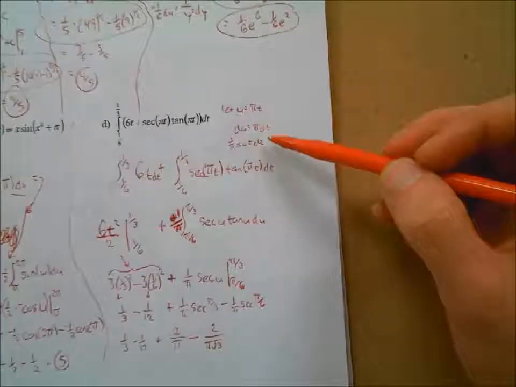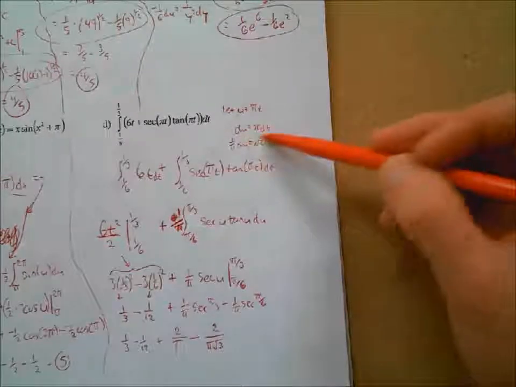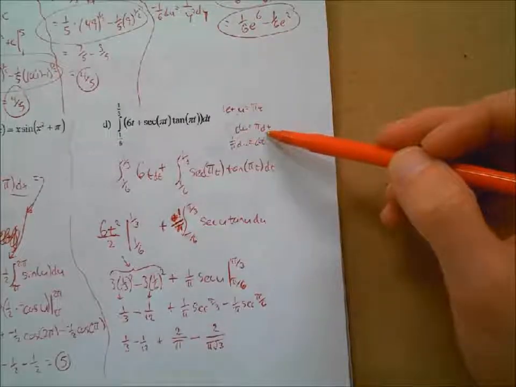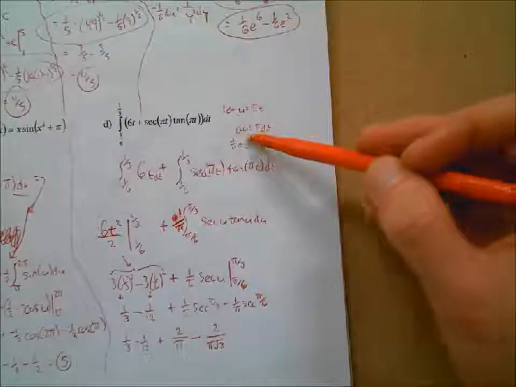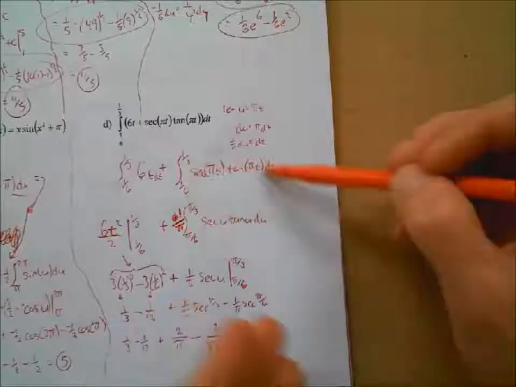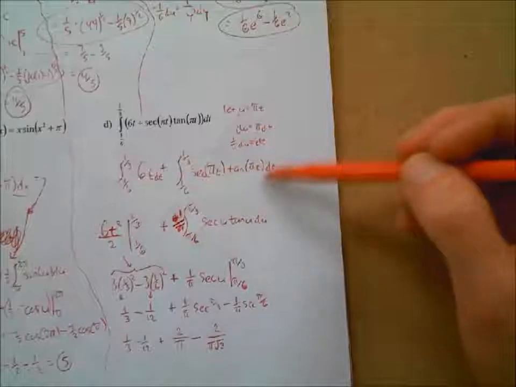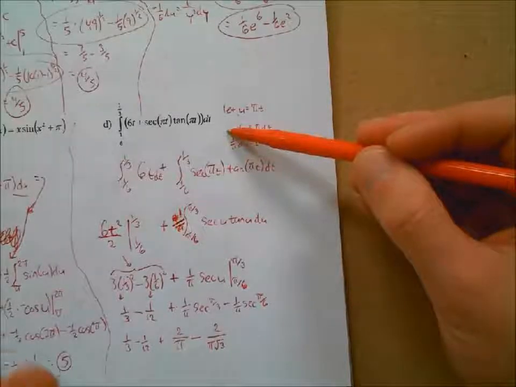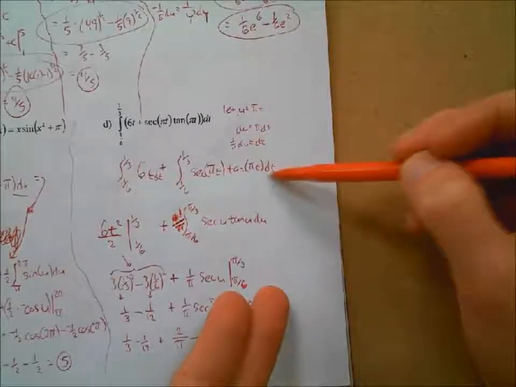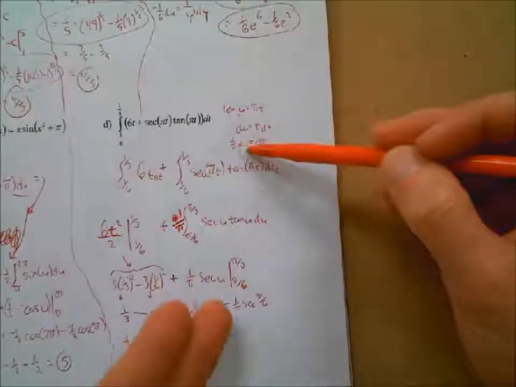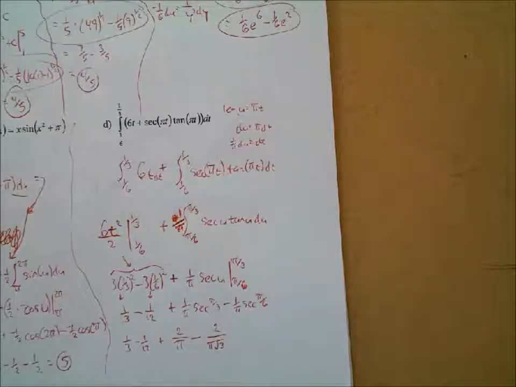In order to plug in a du, I need a pi dt. du is pi times dt. I don't have a pi dt here. This pi t is inside the secant, inside the tangent. It's not outside. So we have to divide the pi over to make it 1 over pi du equals just dt by itself, because that's all I've got left. It's just a dt I have to deal with. So 1 over pi du is that dt. Substitute, replaces.